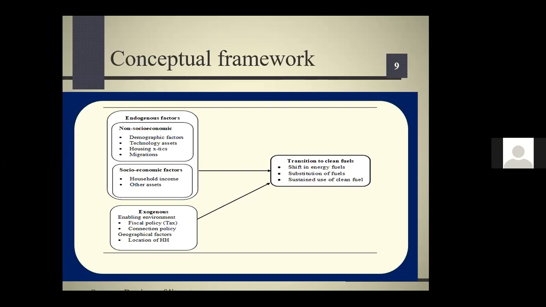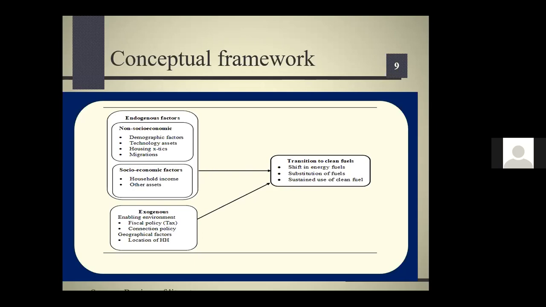In this case, the interest is on the fiscal policy, which is the tax exemptions I was talking about. And then we have the connection policy, and we have the geographical factors. And this really relates to the location of the household, whether it's urban or rural. These factors have a role to play in explaining the household decisions.